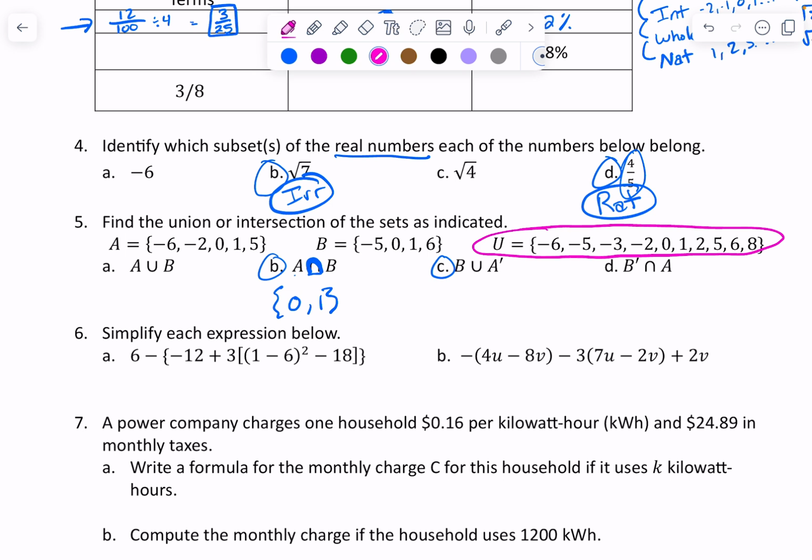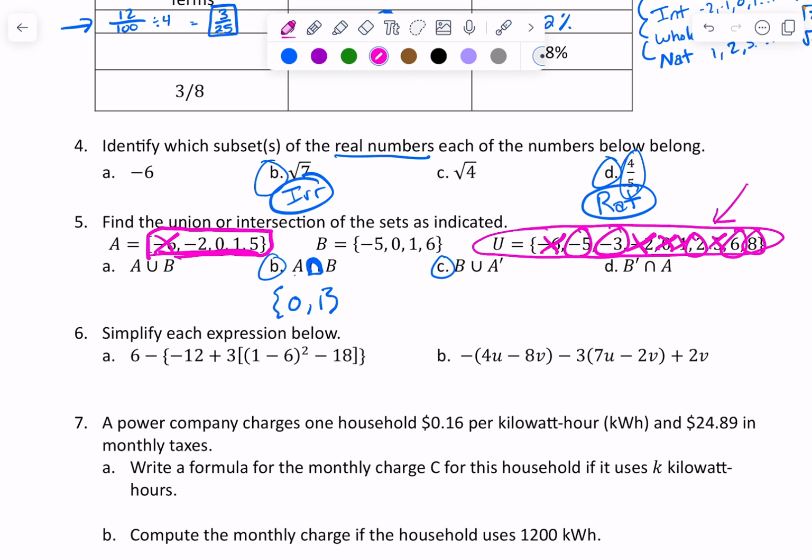So A prime is all of the numbers that are in the universal set but that are not in A. So -6 I can cross off because it's here. -2 I can cross off. 0 I can cross off. 1 I can cross off. 5 I can cross off. So A prime would be these numbers right here because it's everything that's in the universal set that's not already in A. Okay. And I want to know the union.